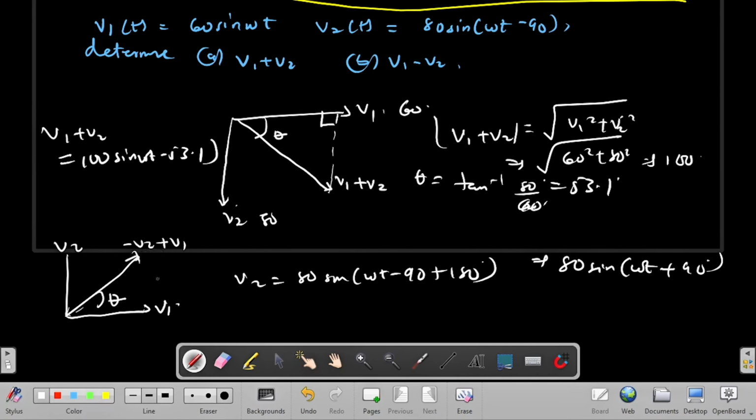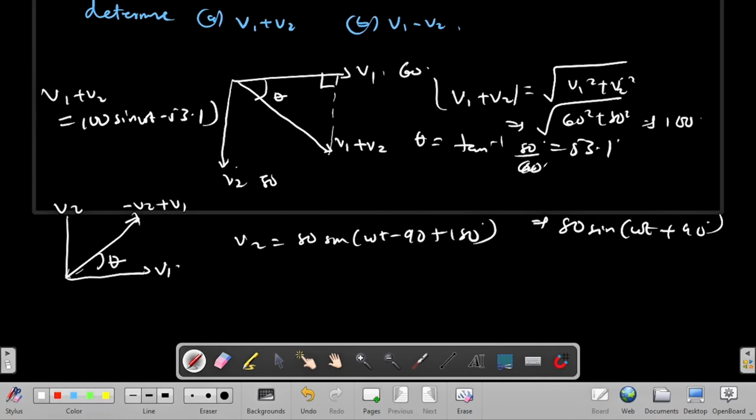So here the magnitude of V1 minus V2 will obviously be the same, 100, right? The magnitude is the same, because when I take this I have V1 and V2 here, so the magnitude is simply equal to 100. The angle is also the same.